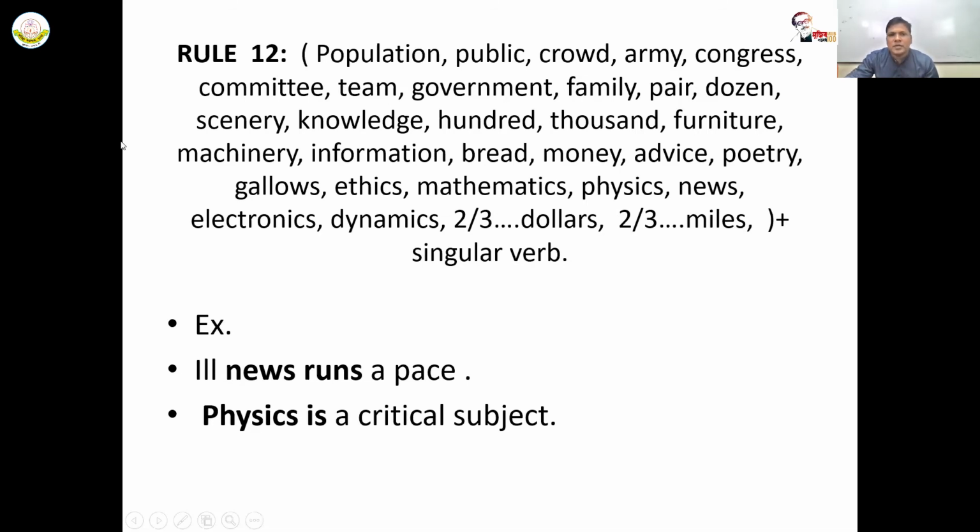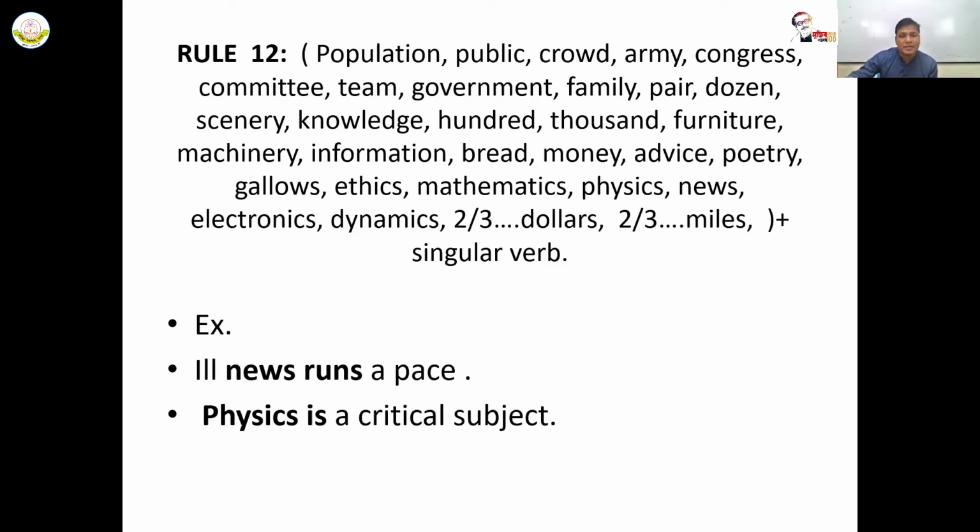Like population, public, crowd, army, congress, committee, team, government, family, peer, dozens, scenario, knowledge, 100,000, furniture, machinery, information, rate, money, advice, poetry, gallows, ethics, mathematics, physics, news, electronics, economics, $2 or $3, 2 or 3 miles, and so on. Like this, there are more, but I'm writing here just common words which are used in the English language profoundly.